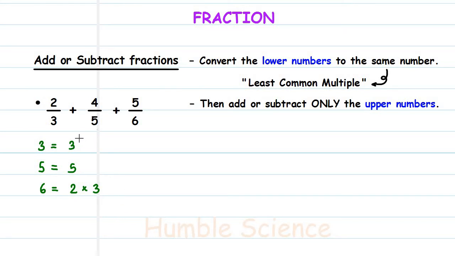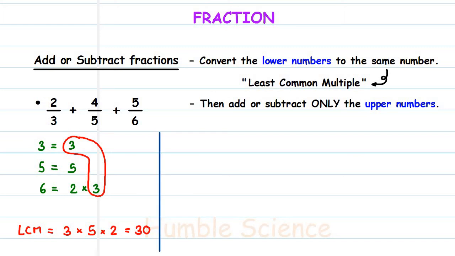Next, we will look for the repeats, and there's only one here, which is 3. So the LCM, or the least common multiple, is going to be equal to the repeats, which is 3, times the leftovers, which is 5 and 2, and that is equal to 30.